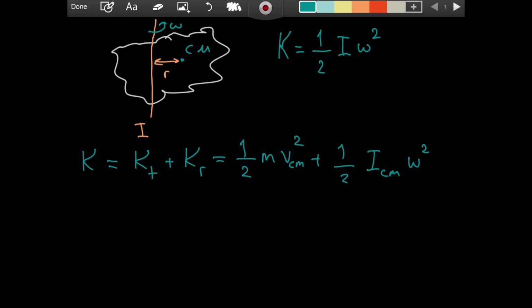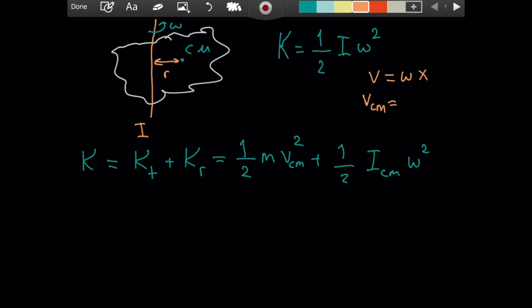So far so good. Here I will use an important idea of rotational motion. That is, velocity at any point is equal to ω times the distance from the point to the axis of rotation. This is the general formula. If we change this to suit our purposes, we are interested in the center of mass velocity.